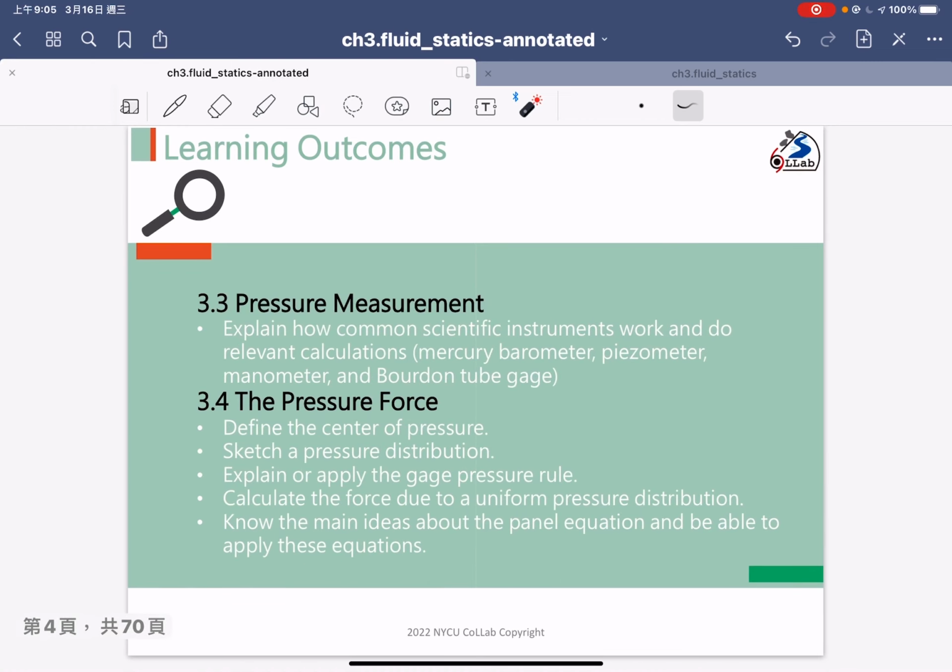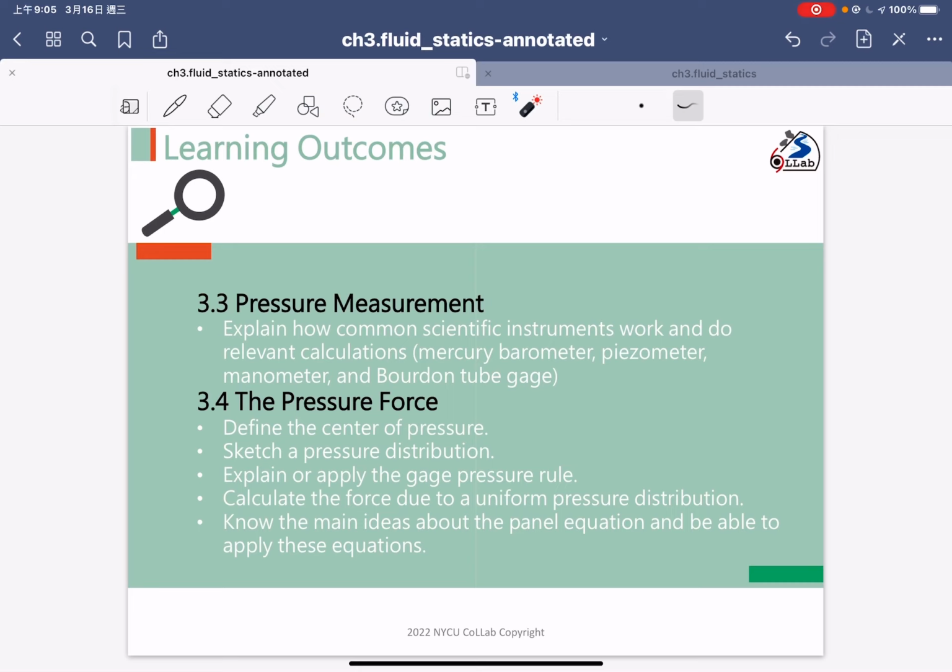And then how can we measure the pressures? So this chapter introduces the tools and methods to measure environment pressures.